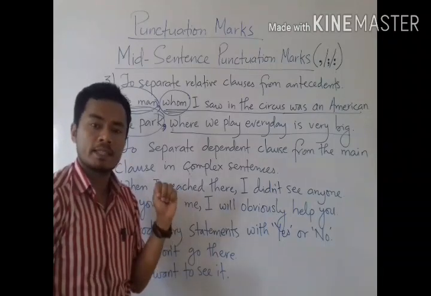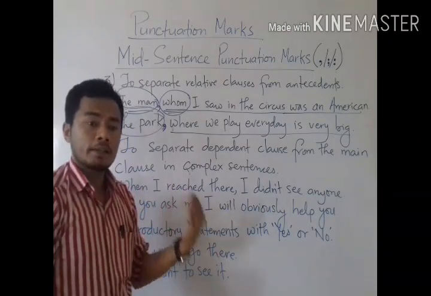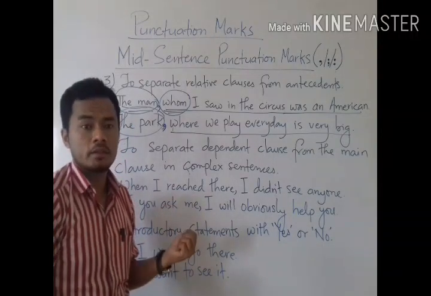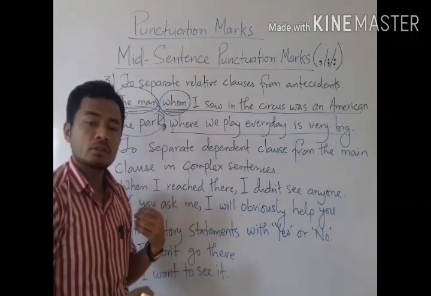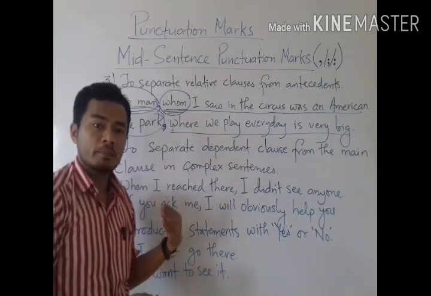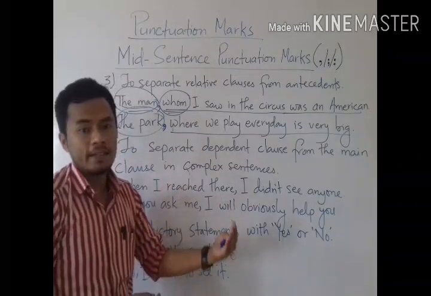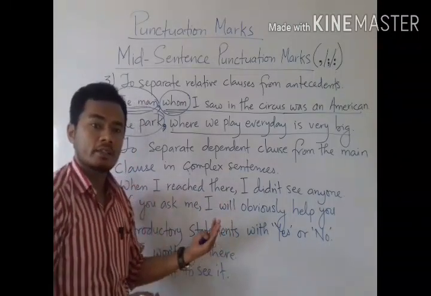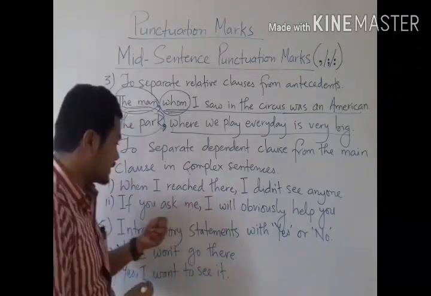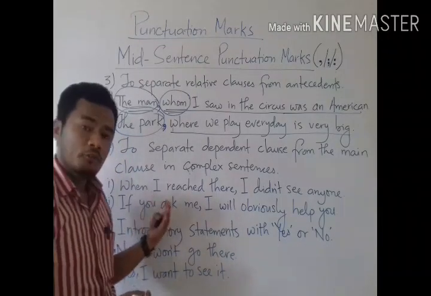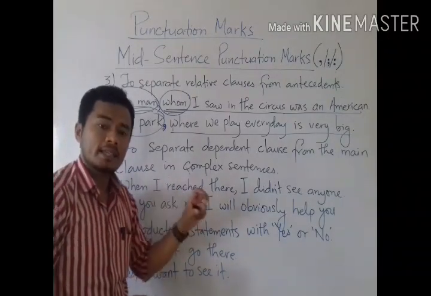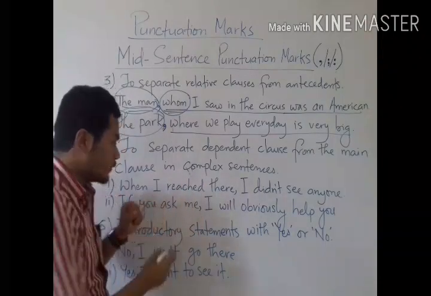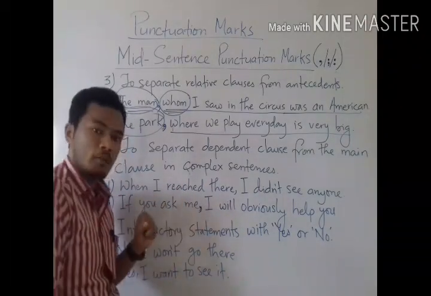We know that complex sentences are formed by using dependent clause and independent clause together. But we can use the dependent clause in the beginning or at the end. Okay. So it depends upon the condition how we are writing the sentences. See, if we keep these dependent clauses at the beginning of the sentences, then we have to separate them by using comma.